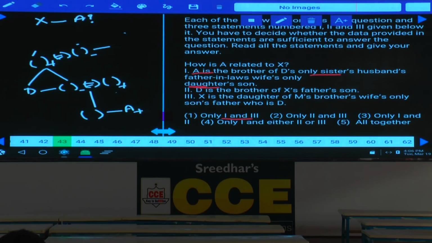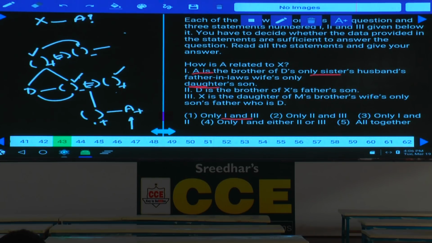Now A is the brother of whom? Now he is explaining this one. A is the brother of D's only sister's husband, husband's father-in-law's wife, wife's only daughter, only daughter's son, only daughter's son's brother.